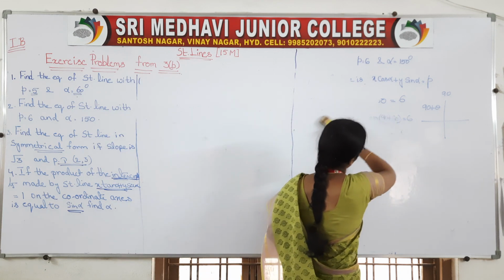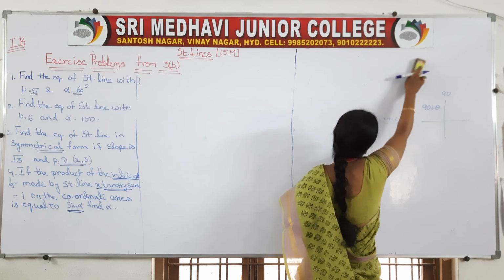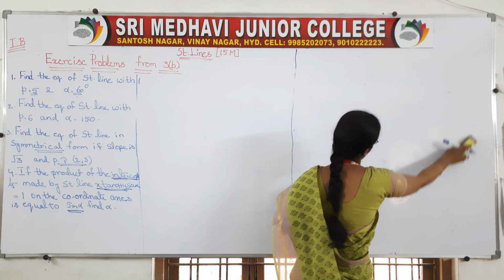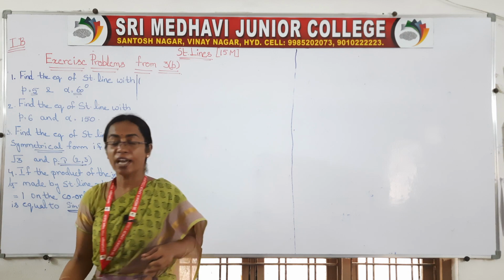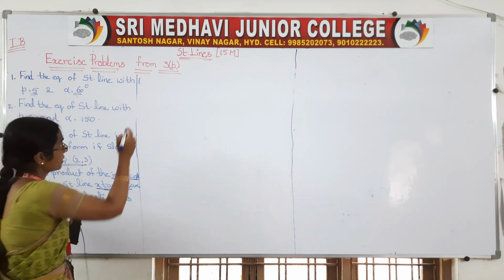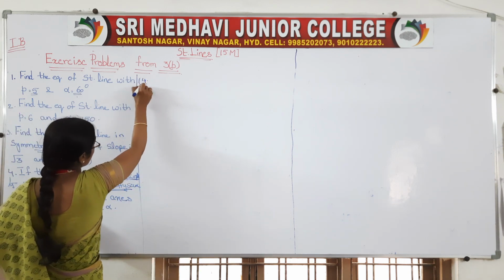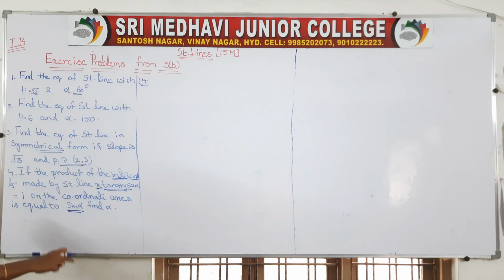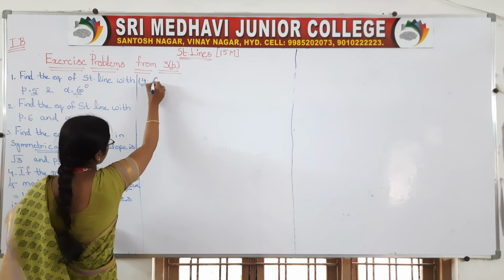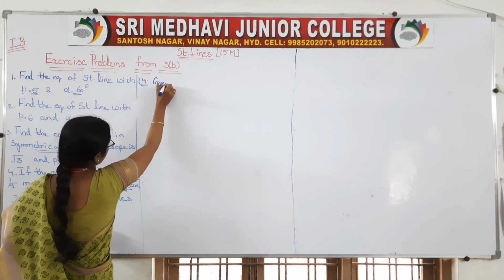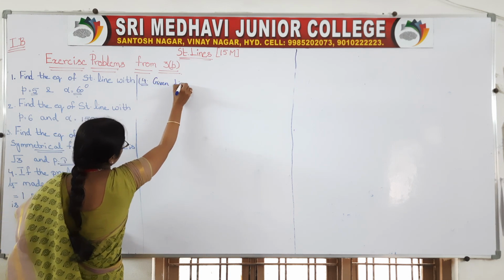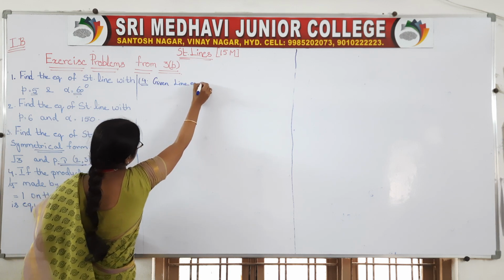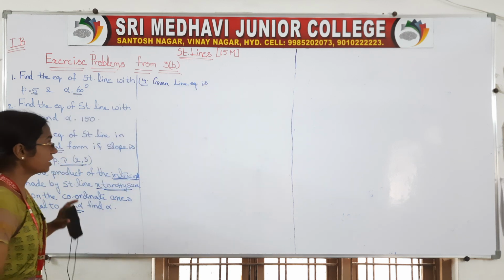Then you take the product of those intercepts and equate to sin alpha. You will get your alpha value. So first, this is the fourth question, today's fourth question. So what is the given line equation to us?